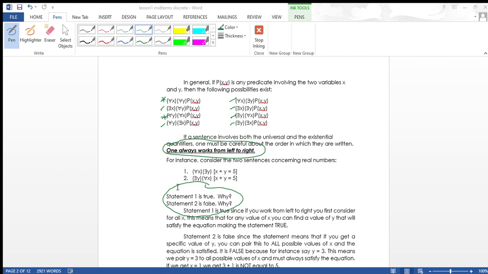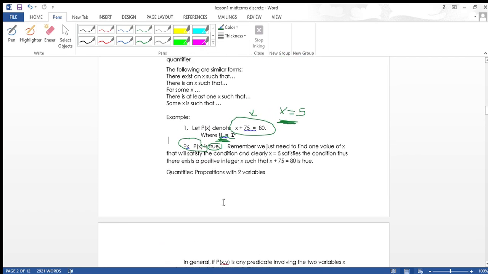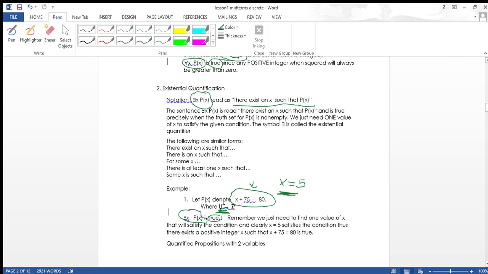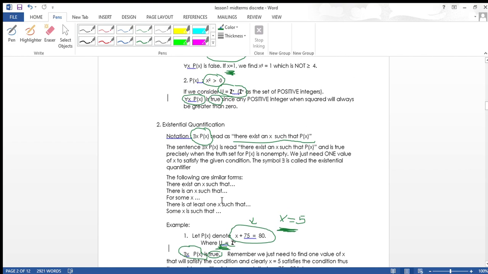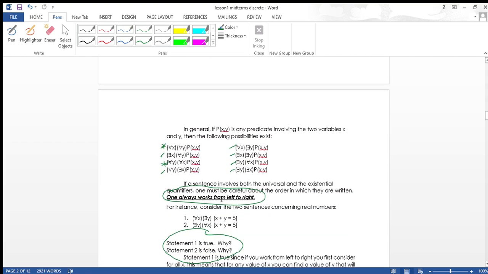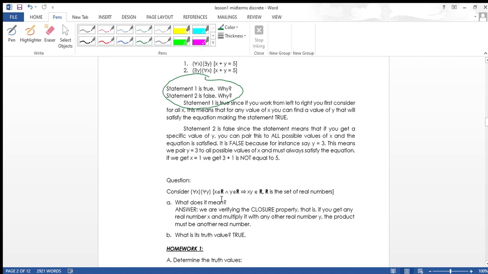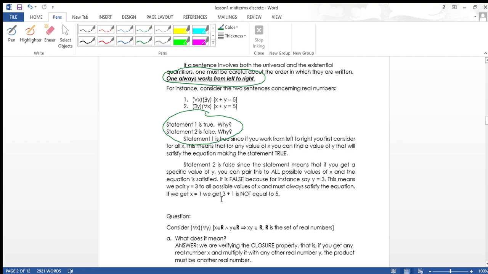Okay, so for the first example, we have for all x, there exists a y, x plus y is equal to 5. So by the way, here the universe of discourse is not given. But it is implied, I forgot to mention that earlier, but it is somewhere in your notes that normally the universe of discourse can be given implicitly.